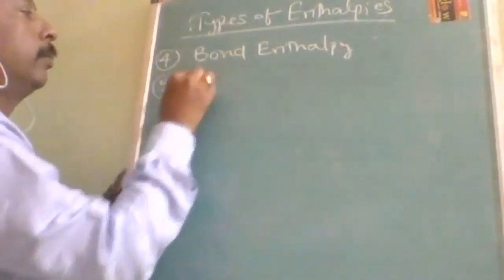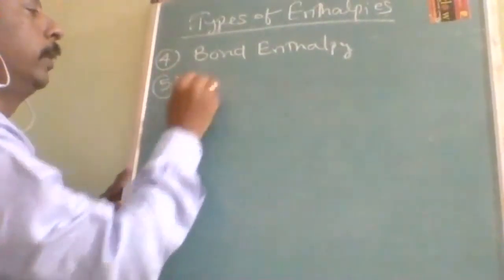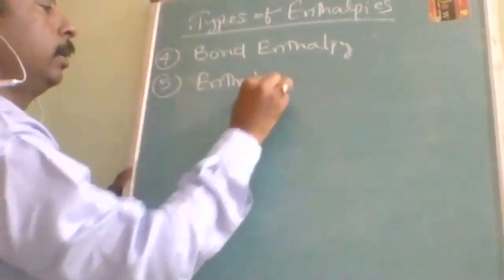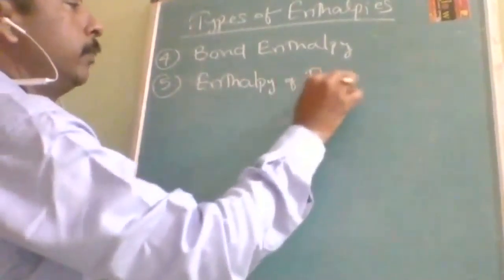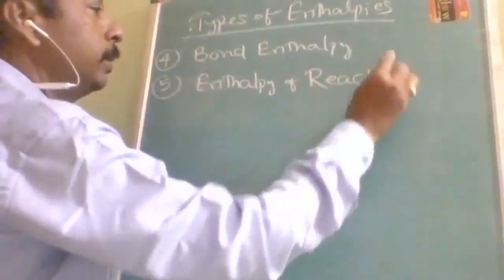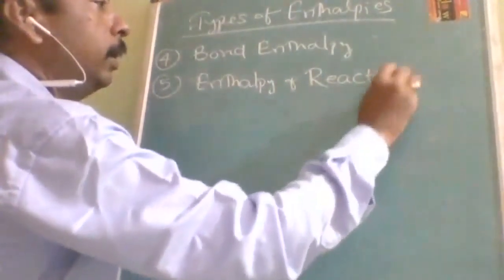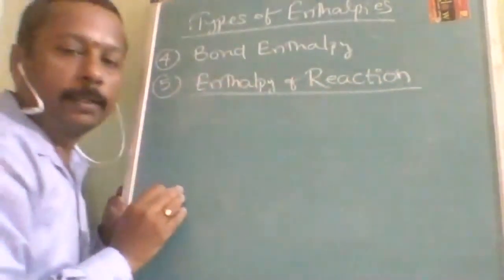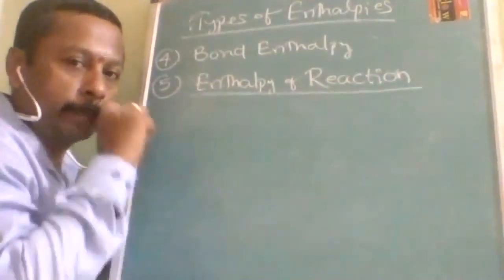Next, the fifth one is the enthalpy of reaction. This word I have used two times in the same lecture. So if you are not understanding, you can go back afterwards and revise it once again.